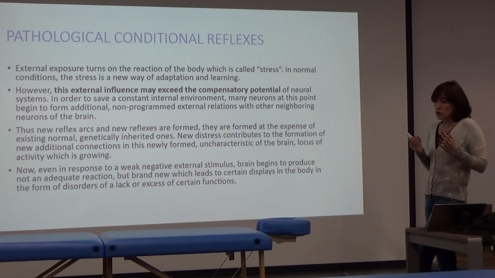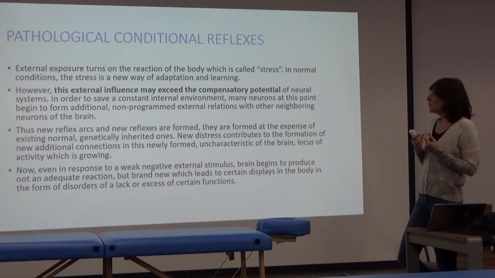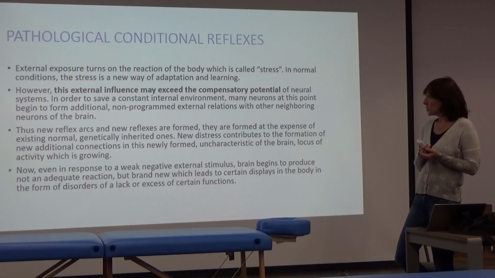And in order to support the homeostasis and self-regulation, many neurons at this point begin to form additional, non-programmed relationships with other neighboring neurons in the central nervous system.